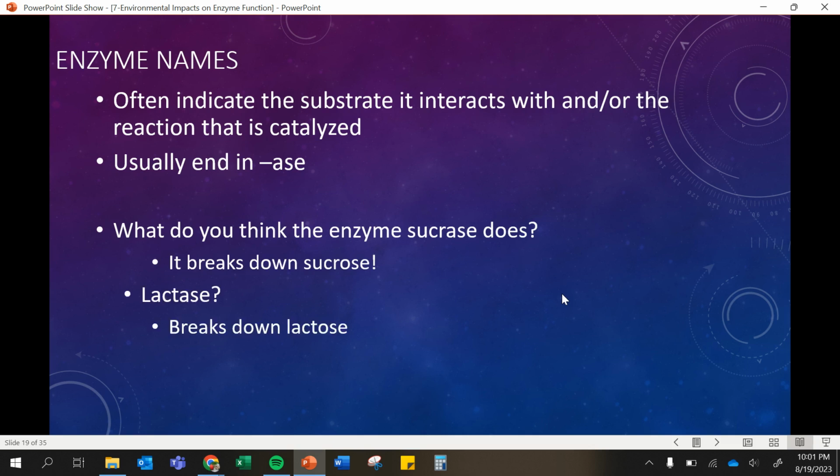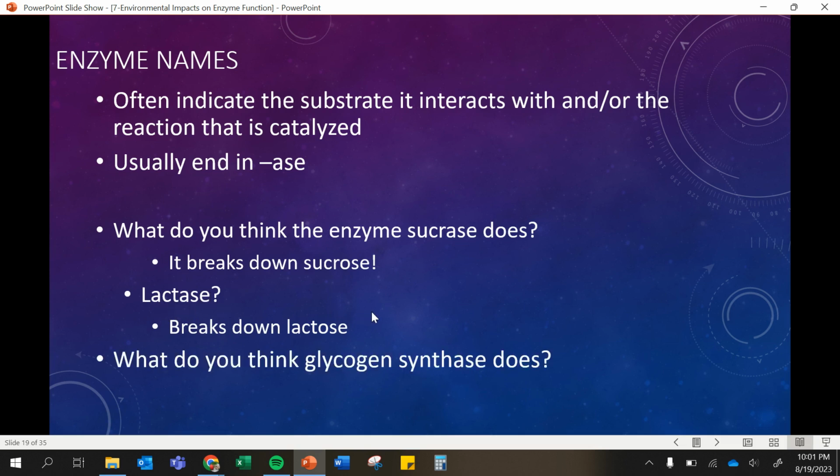Lactase breaks down lactose. So you can see that the substrate lactose is in the name, as well as -ase, telling us it's an enzyme. So what do you think glycogen synthase does? It synthesizes glycogen. So the names of enzymes can give us information about the function of that enzyme.